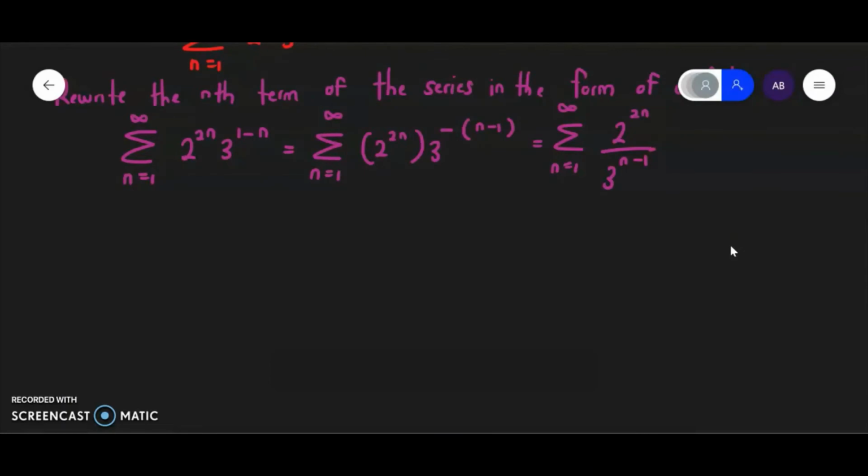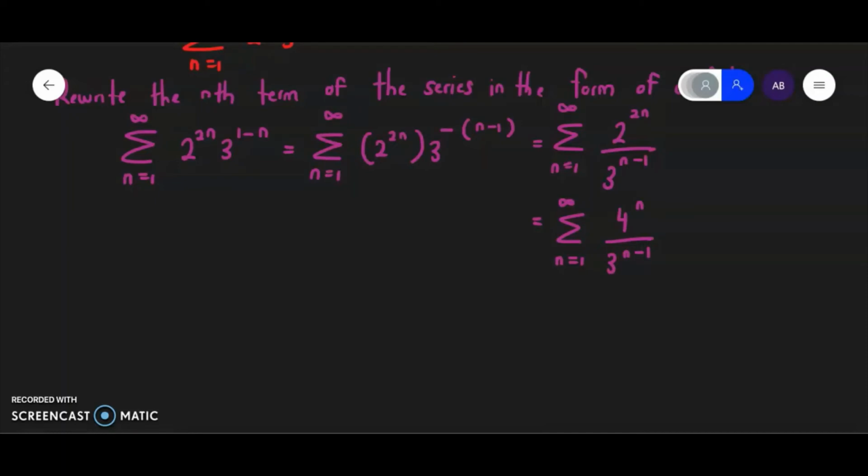So before you want to do that, let's simplify this term here. So I have the summation n equals 1 to infinity of 2 to the power of 2n, which will be 4 to the n, over 3 to the power of n minus 1.